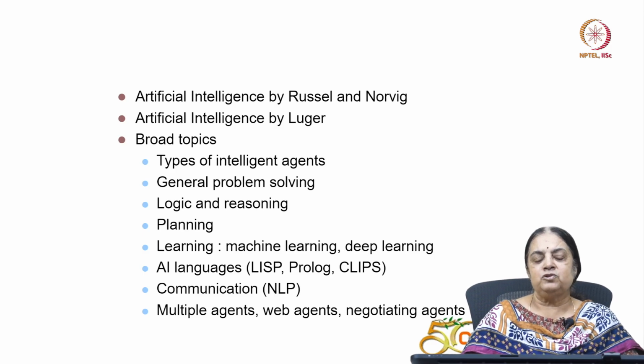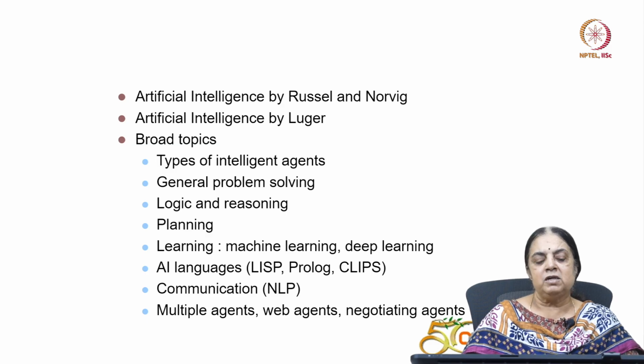And the next topic will be on logic. So what are the different types of logic we have? Mainly you have things like propositional logic, etc. And when we represent things in logic, then how do we carry out reasoning using that logic? Because obviously when we are talking about artificial intelligence, when you have certain knowledge, you are trying to find new knowledge by using the means of reasoning.